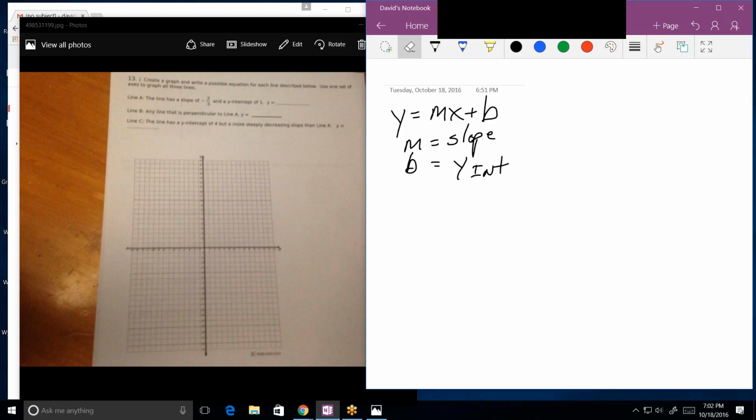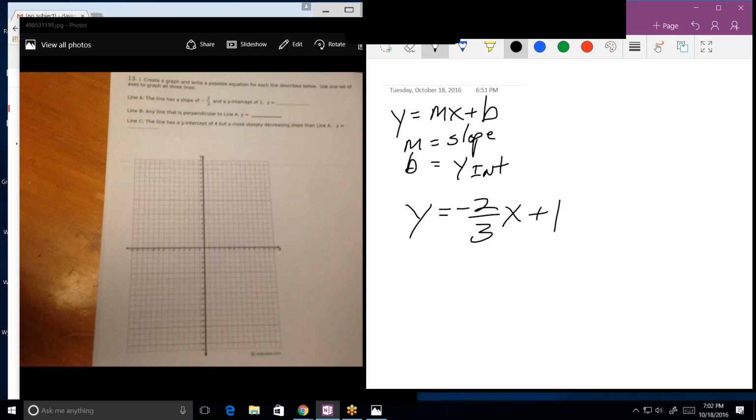Thank you. Line B, any line that is perpendicular to line A. Well, what do we get for line A? We got y equals minus 2/3 x plus 1. Perpendicular means what about slope?